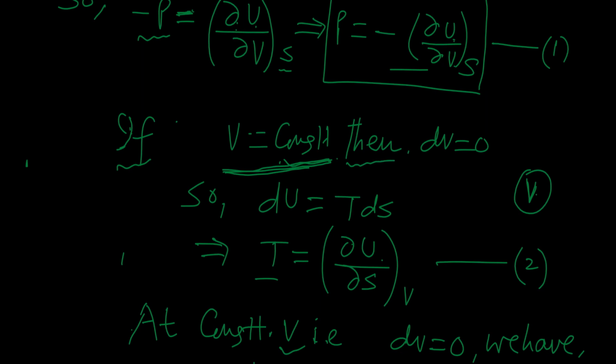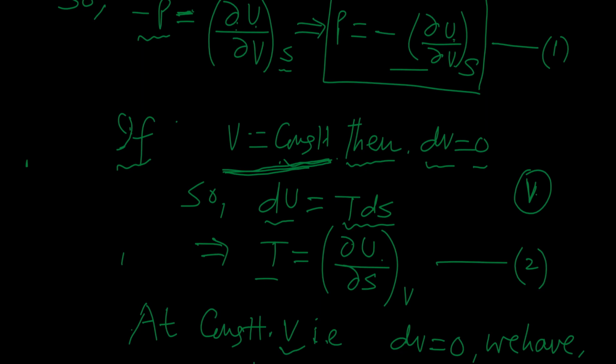Definitely it will be 0. dV is 0. And if dV is 0, then from the same equation A, we will find that du is equal to T ds.